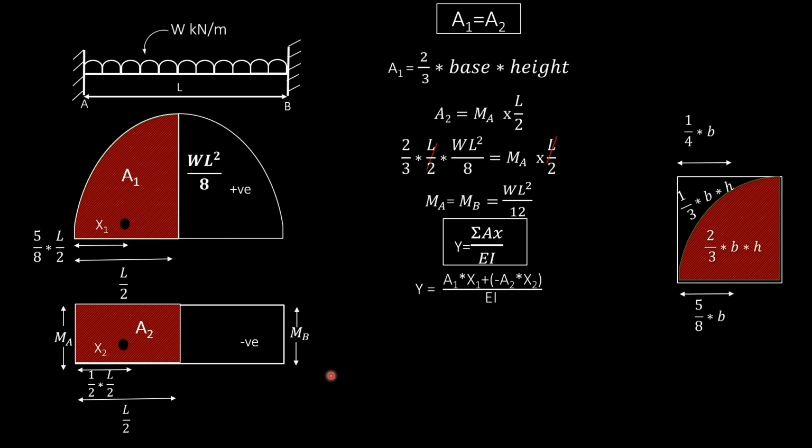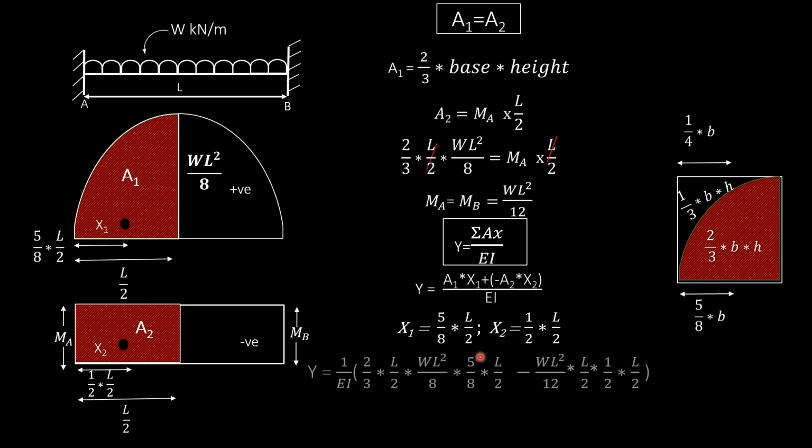Now you have to substitute x1 and x2 and a1 and a2 in this formula. So I am substituting everything in this formula. So x1 and x2 as well as a1 and a2 I am substituting. So you have to solve for this equation.